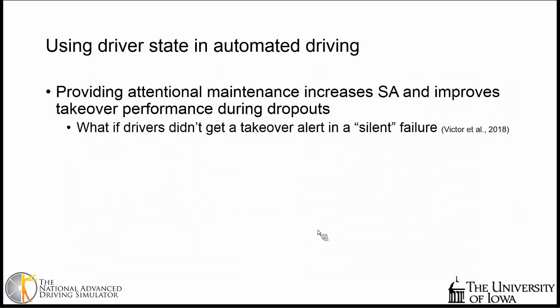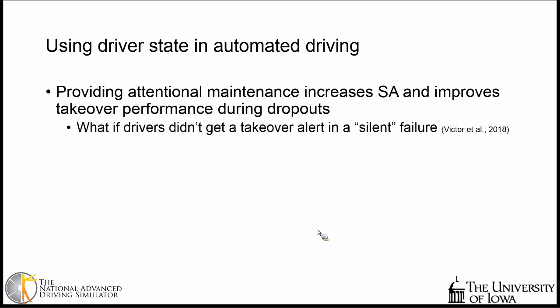I know that I went through that quickly, so we're happy to answer questions on this. But in general, the first conclusion we want to draw is that we see this really interesting effect from providing these attentional maintenance alerts. That seems to both increase situation awareness and help takeover performance, even though we're not changing how the takeover is handled from a takeover request perspective.